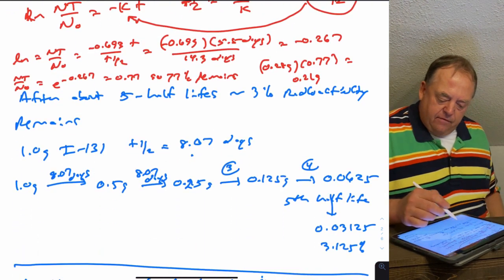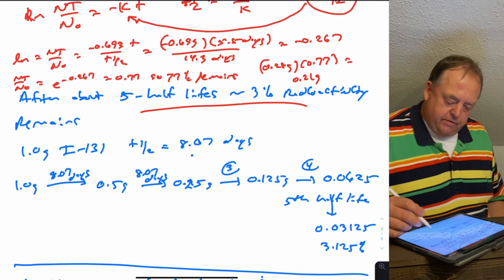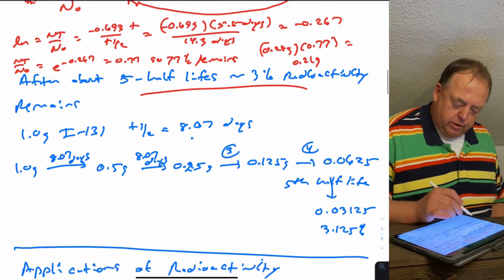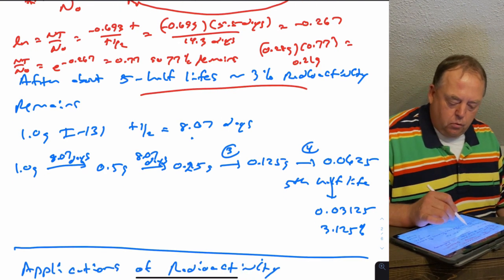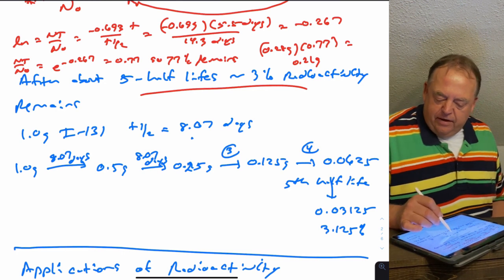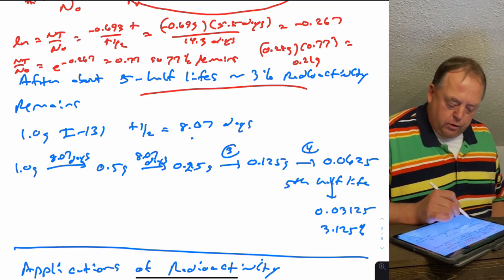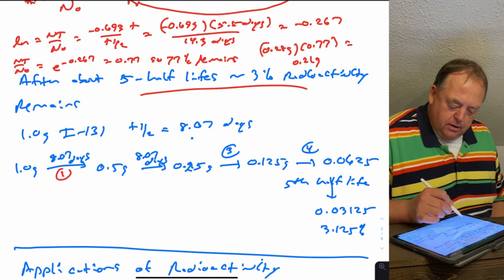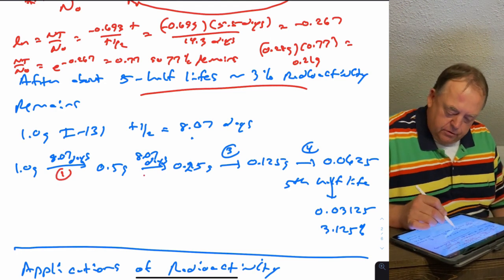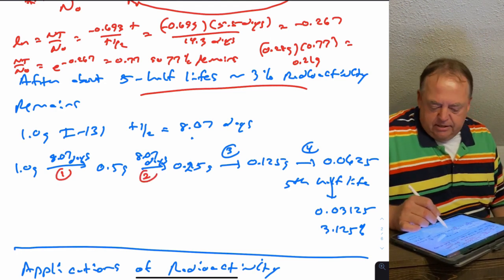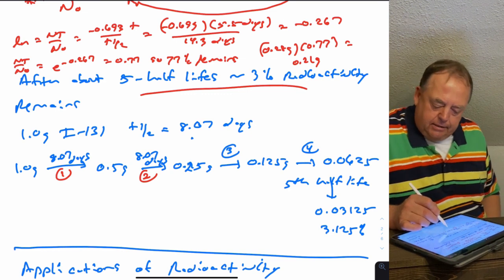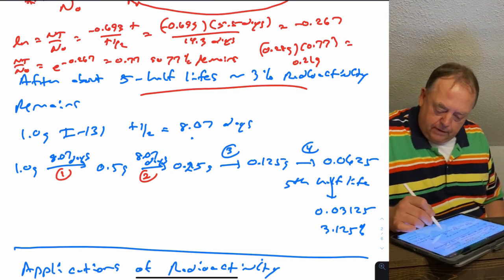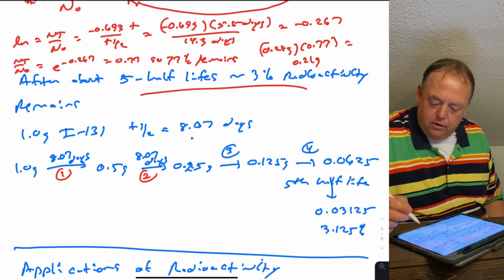Okay, so after about 5 half-lives, about 3% radioactivity remains. That's easy to illustrate. So if you had 1 gram of iodine-131, for example, half-life of 8.07 days. So if you start with 1 gram, after 1 half-life you would have half a gram. After 2 half-lives, in this case since it's iodine, after about 16 days, you would have 0.25 grams. After 3 half-lives, 0.125 grams.